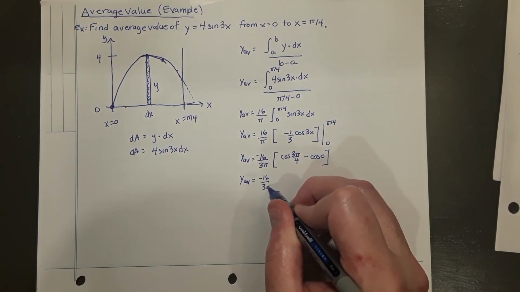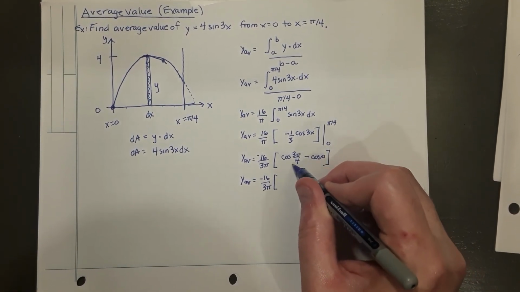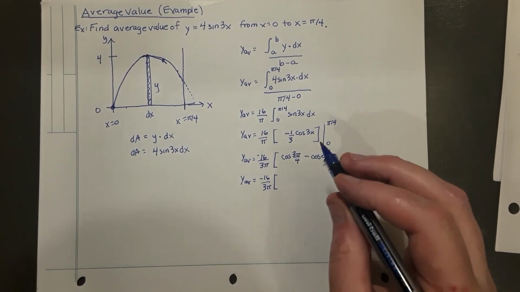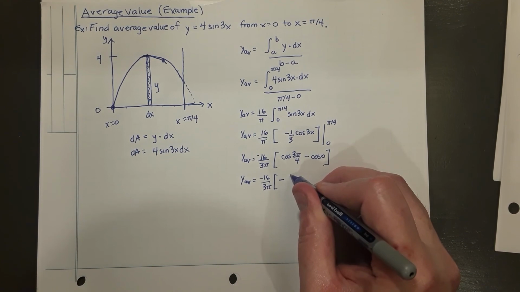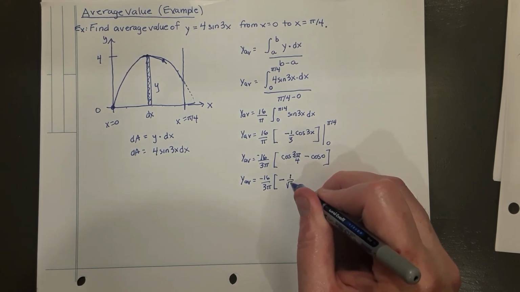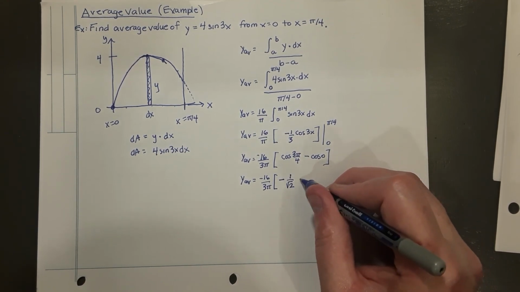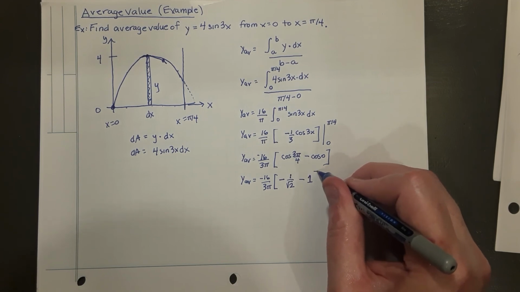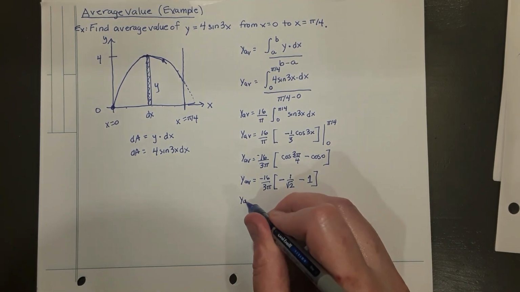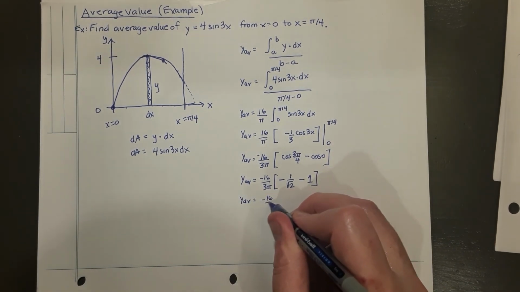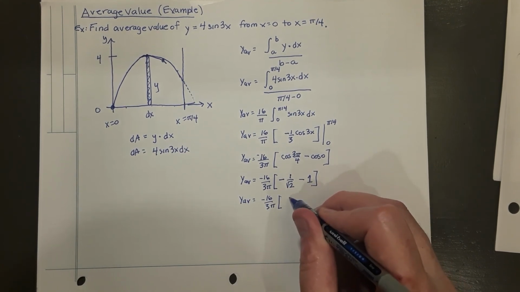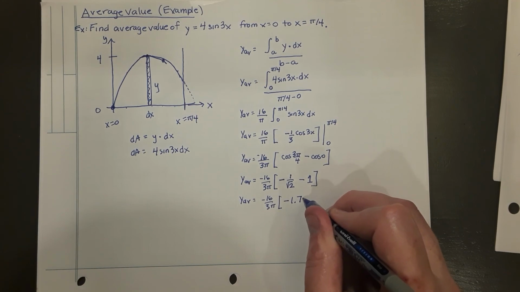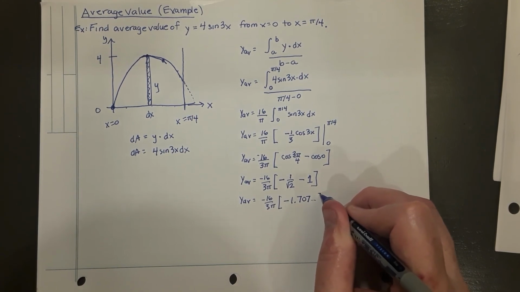If you know your unit circle, cosine of 135 degrees is negative 1 over root 2, so negative 0.707. Cosine of 0 is 1. And if I multiply this out, negative 0.707 minus 1 should be negative 1.707 approximately.